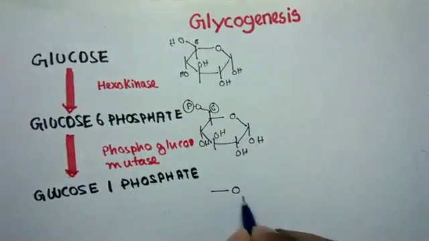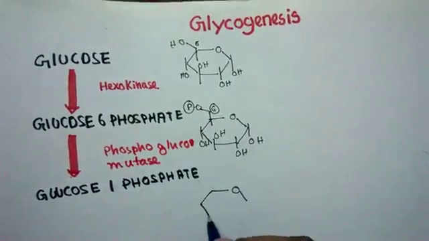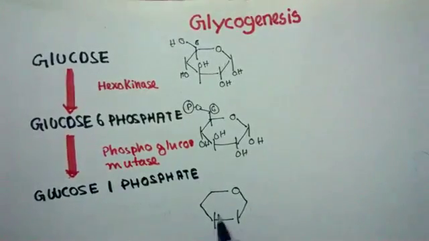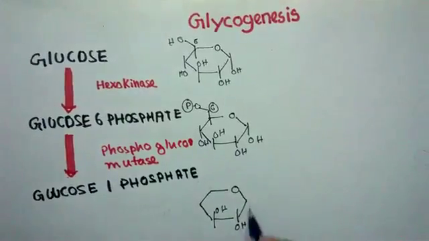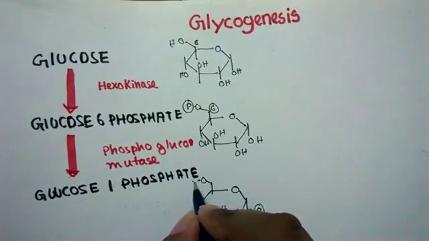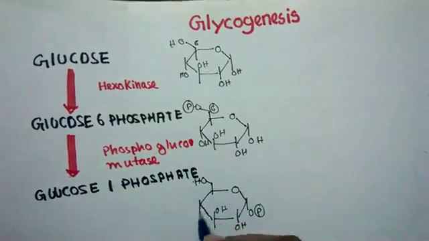And now what happens? Glucose 6 phosphate would be converted into glucose 1 phosphate, and this glucose 1 phosphate is actually an isomer of glucose 6 phosphate.